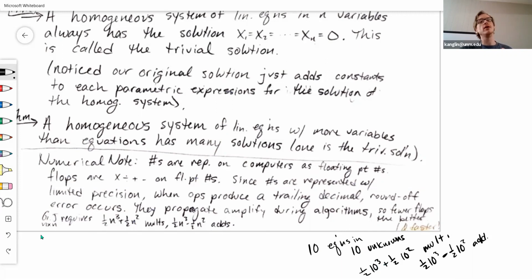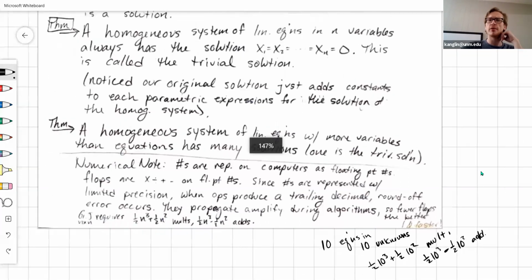It becomes very important to use efficient methods to solve these. Efficient meaning they require the fewest number of operations as possible. Not only does that help with round-off error, getting accurate results out of a computer, but it also, of course, will be faster to compute if we don't have to do as many computations.